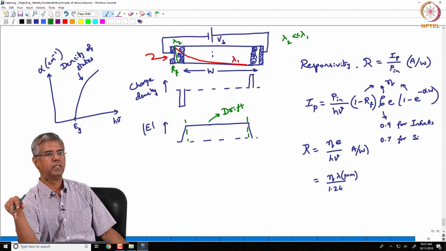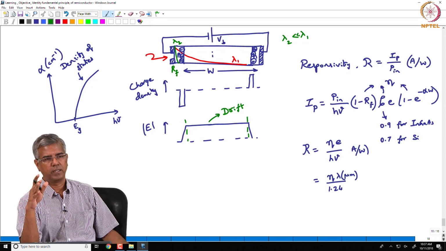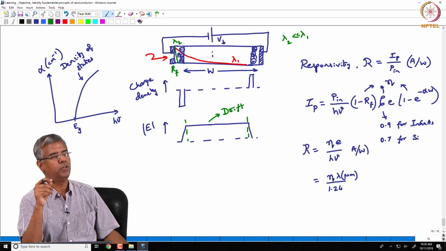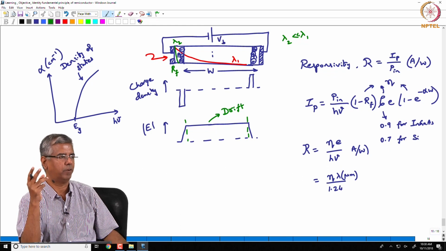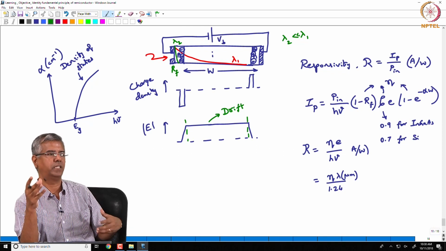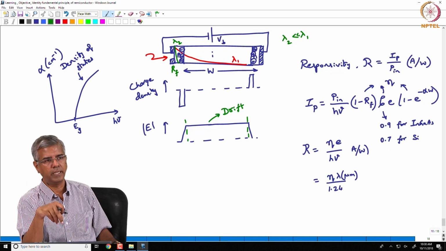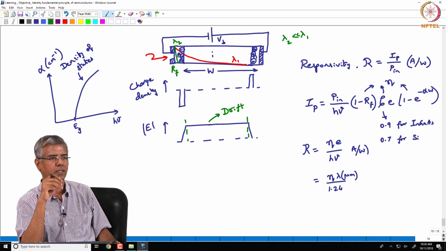So, this is for lambda 2, where lambda 2 is much smaller than lambda 1. Do you understand this? If you are going to a much shorter wavelength, which corresponds to much higher frequency and higher energy, then you have a very high value of alpha, because your density of states is very high in those corresponding regions, right. And so, it will get absorbed within a very thin layer near the facet itself, okay.